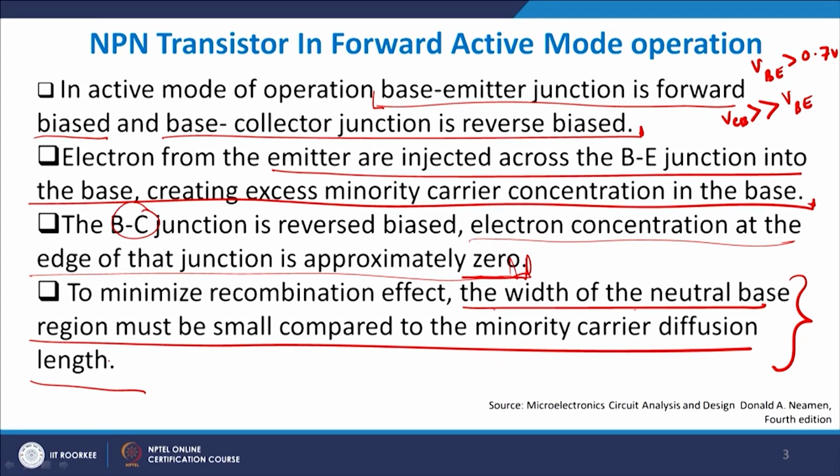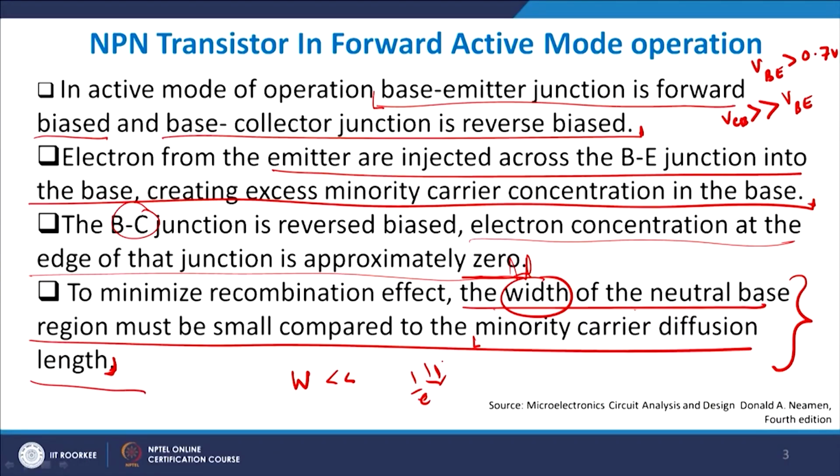Because you initially had p type for an NPN transistor, and now you have minority carrier concentration of electrons entering it, trying to make it neutral. The base width W, this width of the neutral base region, must be very small as compared to the minority carrier diffusion length. What is the minority carrier diffusion length?